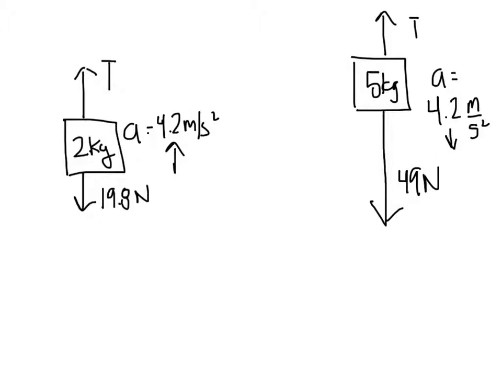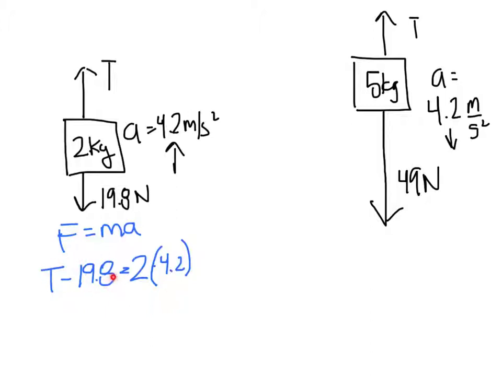So we're just going to do a simple F equals ma for both of these to make sure it works. F equals ma. Net force acting on the 2 kilogram mass is T minus 19.8 equals m times a, 4.2 meters per second squared. So notice how I subtracted 19.8 from tension because it moves in this direction. The tension is the greater force, so it's this minus this.